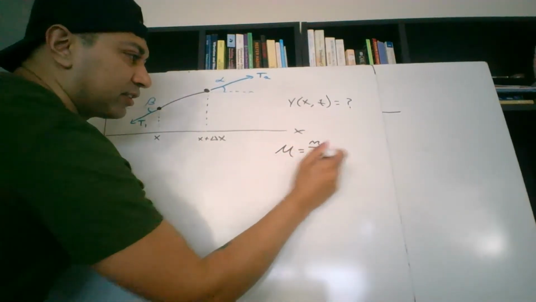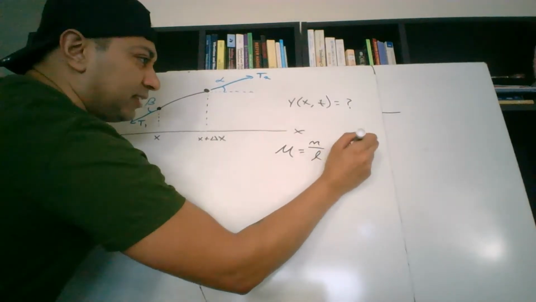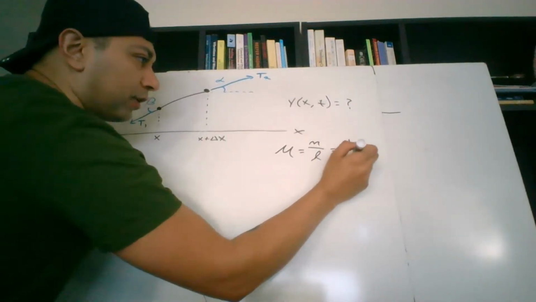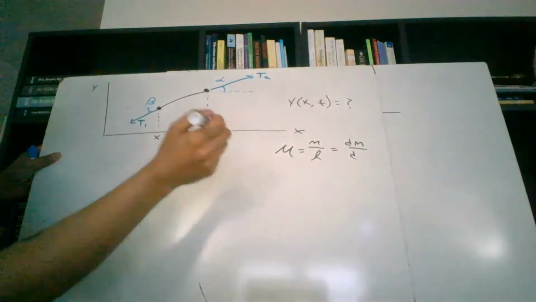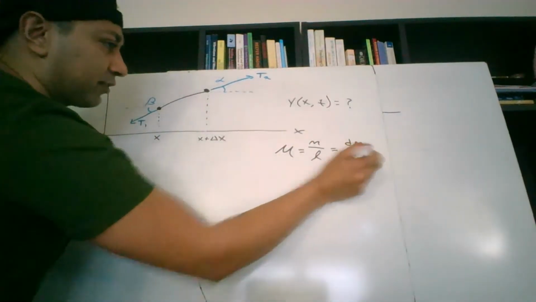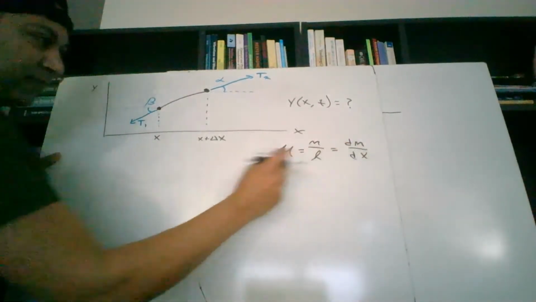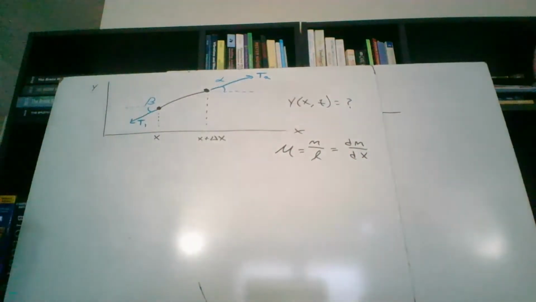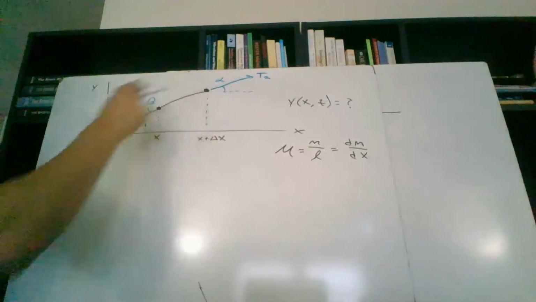Because it's constant, we can write it as dm over dl. And I used dx because we're moving in the x direction. So that's a linear mass density. Okay, so the density is constant.